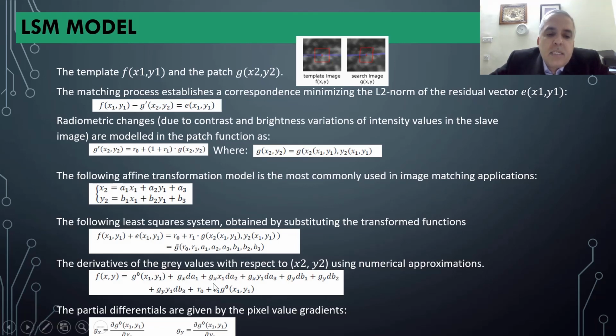The gx and gy are represented by the partial differential around x and y, and dA1, dA2, dA3, dB1, dB2, dB3 are the affine transformation delta values. In each step we will try to find the delta of the affine transformation.